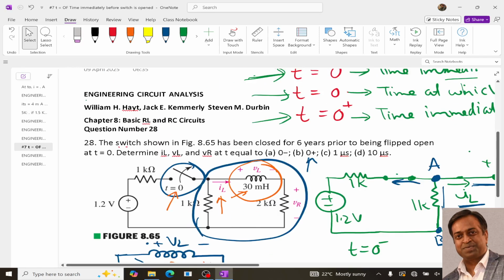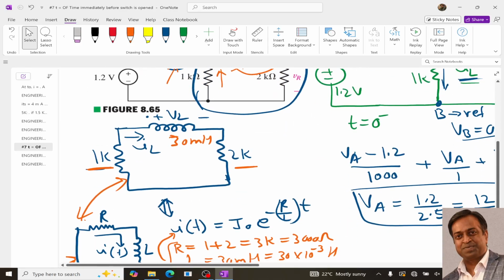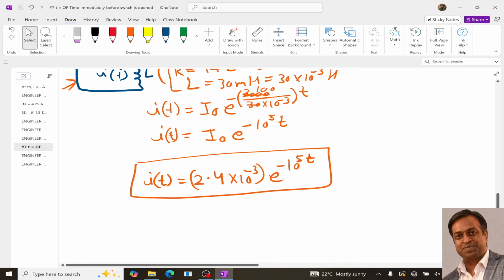Now going back to the question, at 0 plus we need to determine IL, VL and VR. 0 plus is the time immediately after the switch is open. As we know, the current through the inductor remains the same, it will not change immediately. Whatever the condition of the inductor at t equals 0, it will remain as it is.